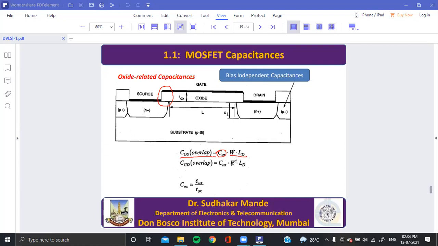Width is W. Similarly, there is the gate to drain overlap area and the capacitance associated with it. And Cox is basically epsilon ox, that is the permittivity of oxide, divided by the oxide thickness. Oxide thickness means this one, tox.